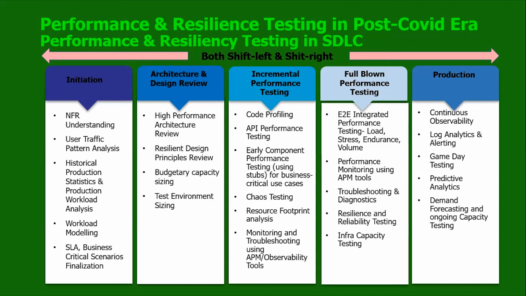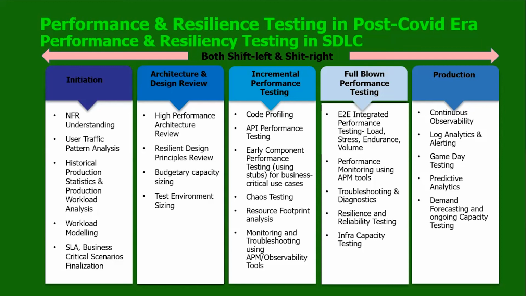Now coming back to shift left, which is where you start early, you start your performance testing and your resilience testing as early as possible. So at the time of initiation or requirement gathering, you can think about NFR understanding, user traffic patterns, historical product and workload analysis, and finalizing your SLA for business critical flows. So those are the things you can definitely think about, right?